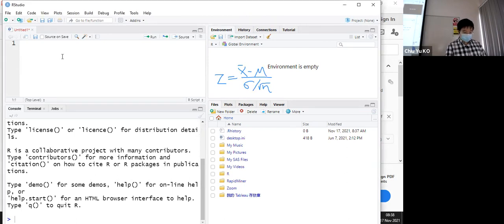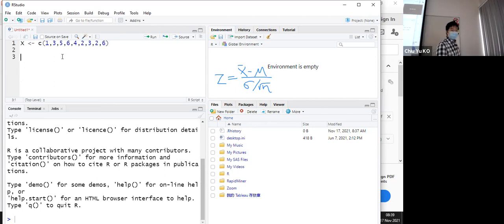The data we have may be just c of any numbers you like. It doesn't really matter how many we have, because R is a very convenient way: no matter what you put, it computes very fast. So this is the data we have.